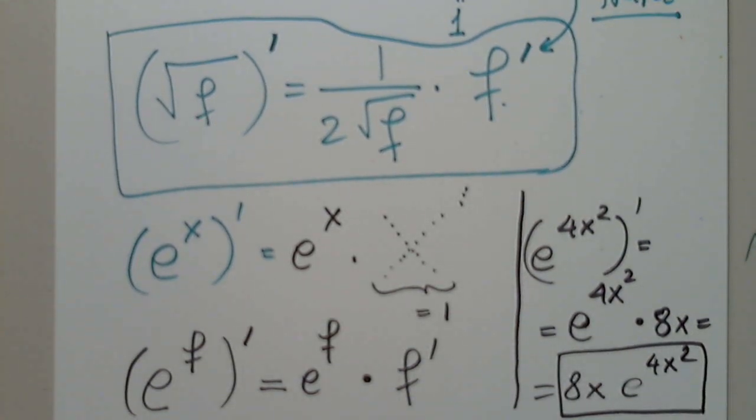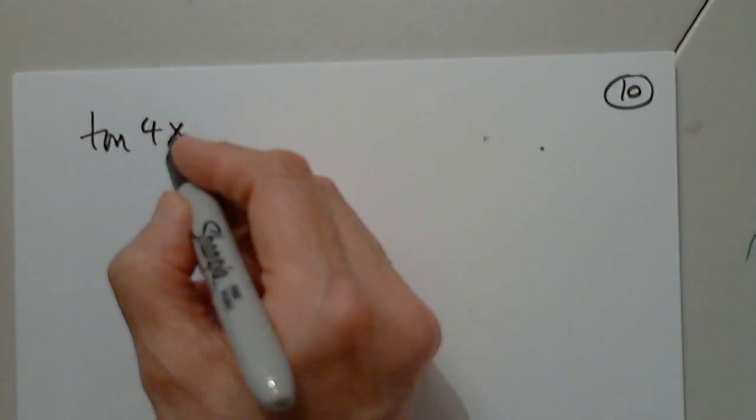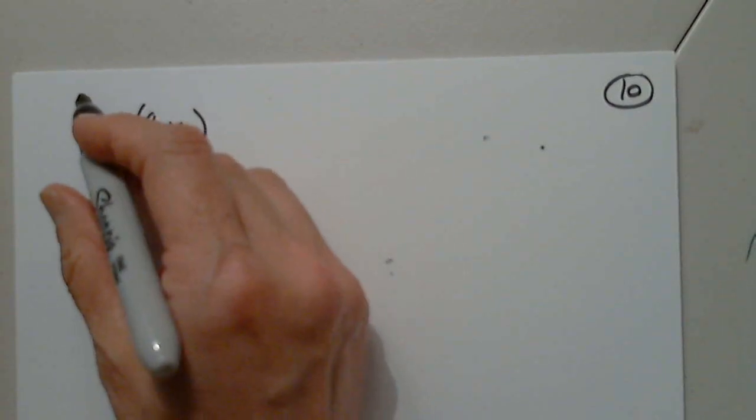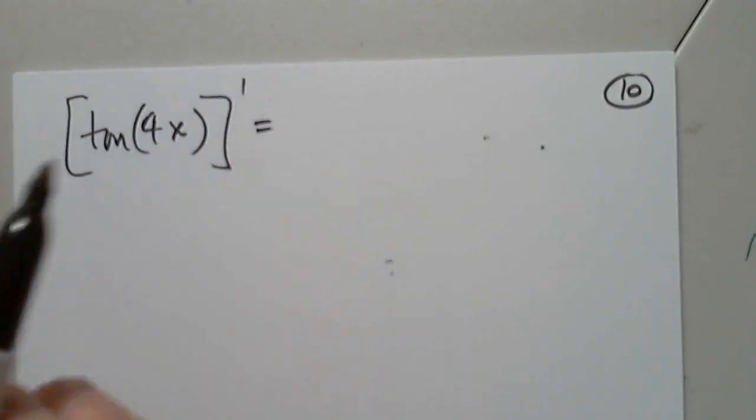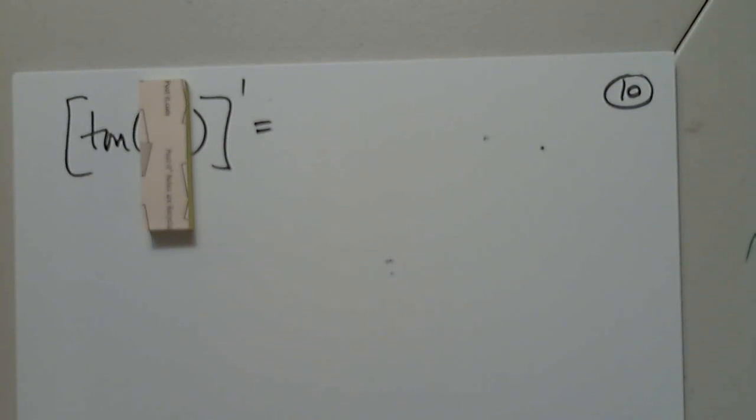Let's also look at tangent of 4x. Let's differentiate the outer function. Tangent prime is?